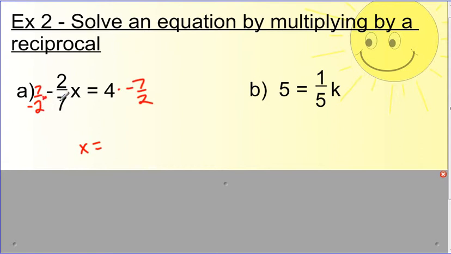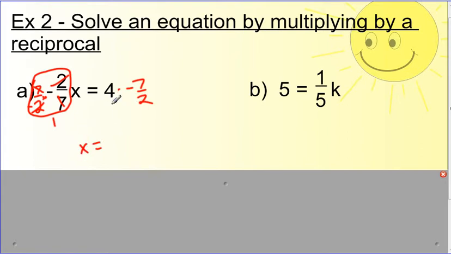Here's what happens. A 7 in the numerator and a 7 in the denominator cancel. 2 in the numerator, 2 in the denominator cancel. Basically, all of this stuff being multiplied by the x turns into just 1. And we can write just 1x as x. There's no need to write a 1 in front of it. We know there's one of them there.